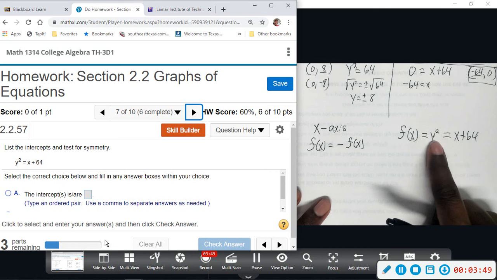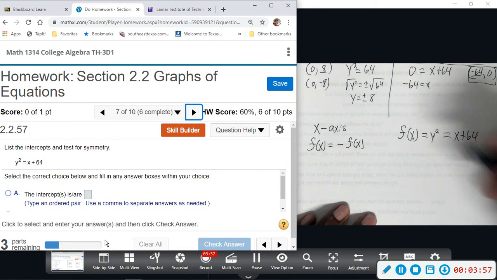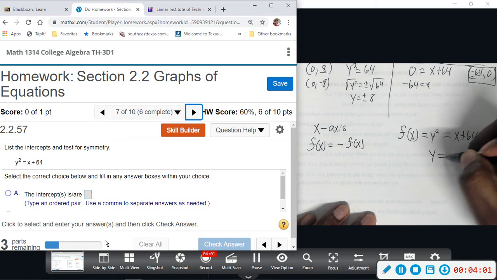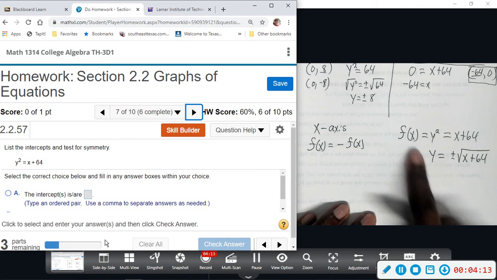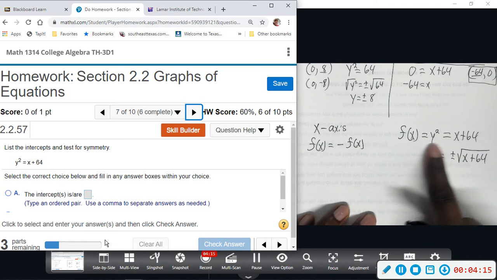Now usually you need this just to be a y. So if we wanted to change this to a y, we would do this. Square root of both sides, you would have y equals, and we need to do positive or negative because it is square root x plus 64.